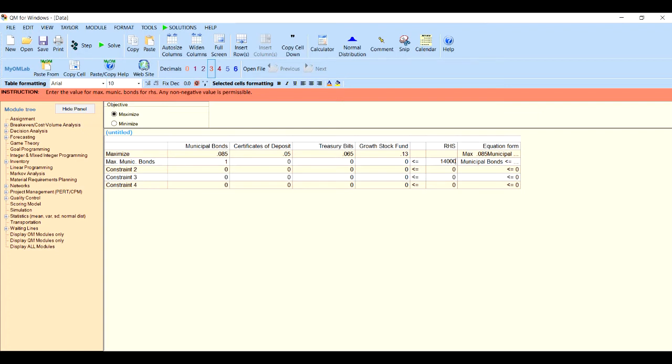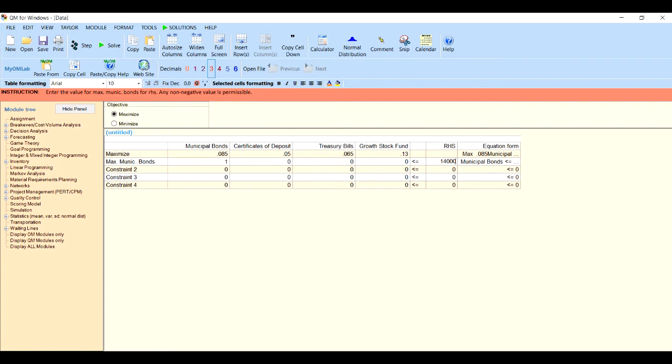And again, this isn't very complicated. We could have done the math in our heads, but it doesn't hurt us to look at the larger picture. So what we found here is that 21,000 is 30% of 70,000. We know it's going to be 21,000 here. And what we know is that constraint number 3 is that 30% should be invested in treasury bills and certificates of deposit.